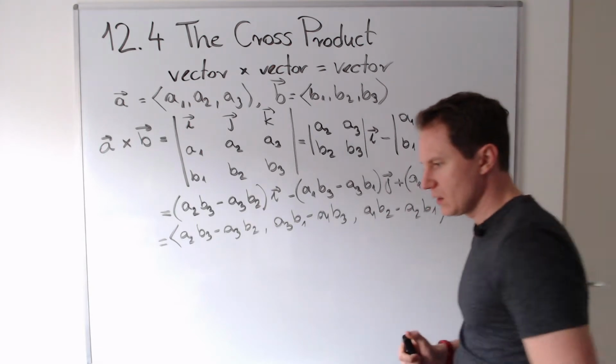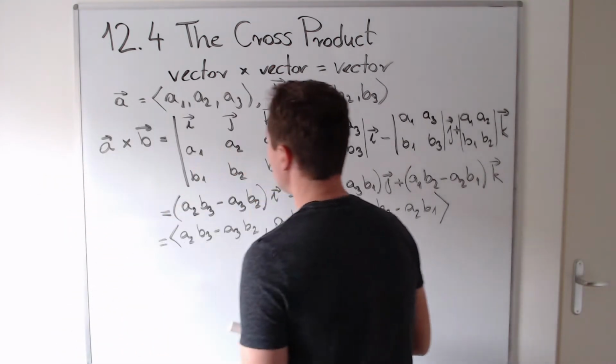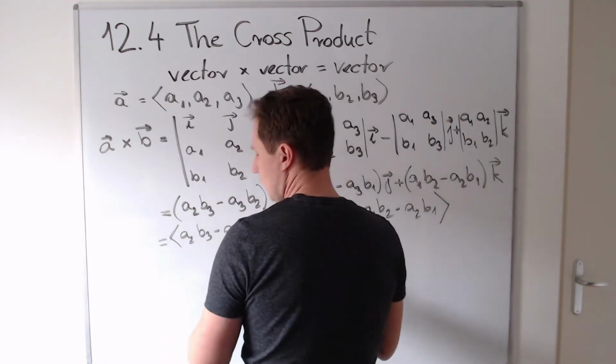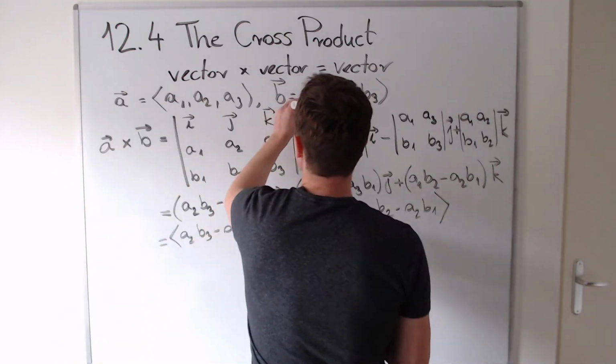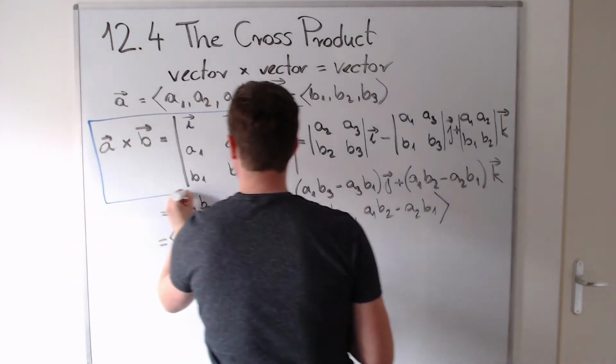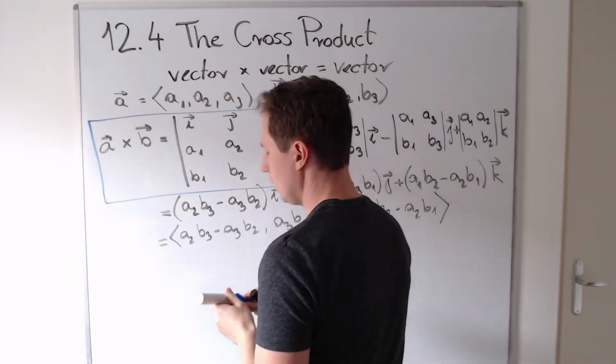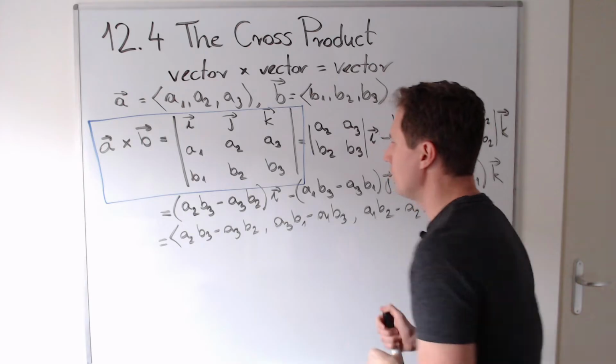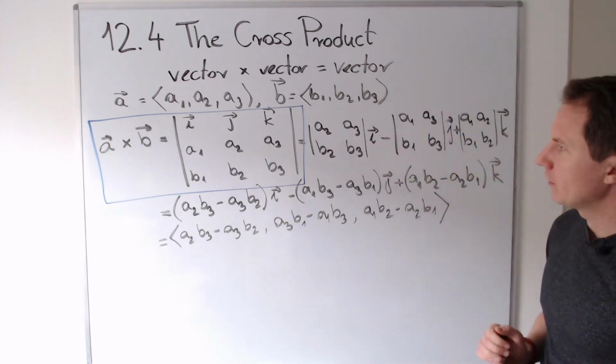So it's a complicated looking formula, but it really is as simple as just remembering how to evaluate a 3x3 determinant, and the rest is an easy consequence of that.